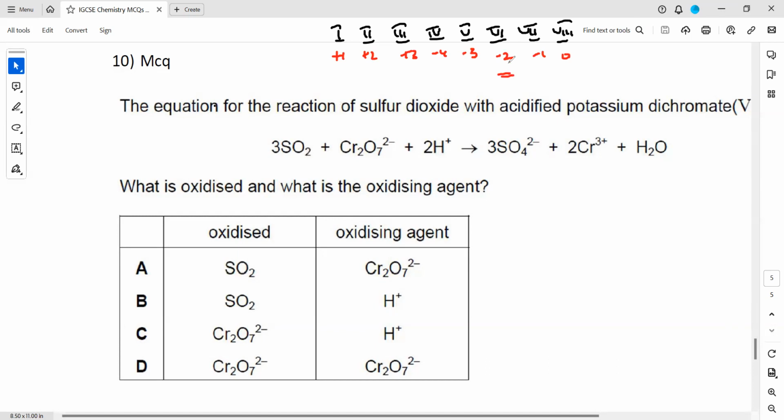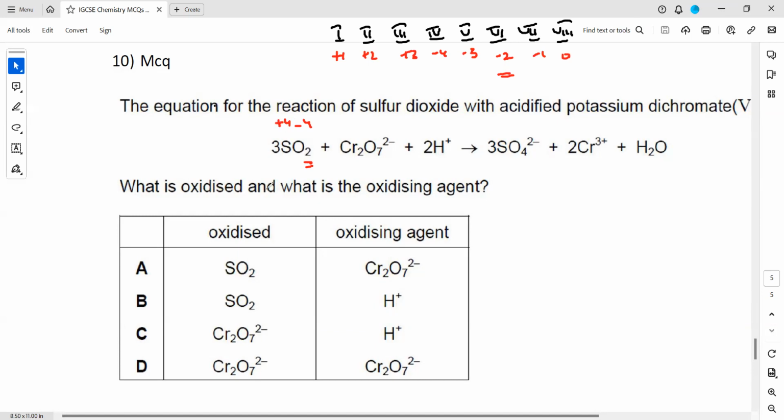As oxygen belongs to group 6, it should be -2. How many oxygen are there? 2. Each is -2, but the total will be -4. If the total is -4 and it's a neutral molecule, as sulfur dioxide does not have a charge, what should be the oxidation number for sulfur?